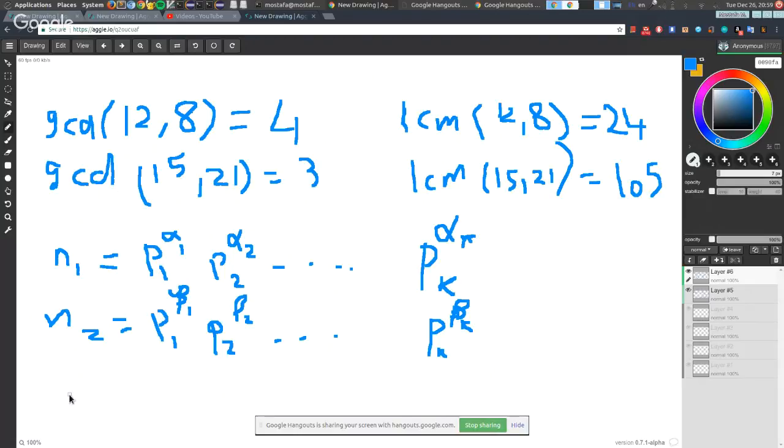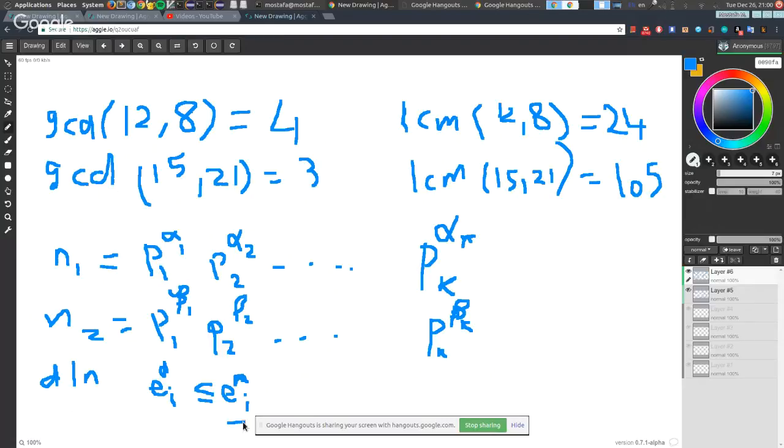For example, a number being divisible by d means that the power of any prime in d is less than or equal to the power of the same prime in n. Because when we make a division, we basically just subtract the power of the prime in d from the power in n.